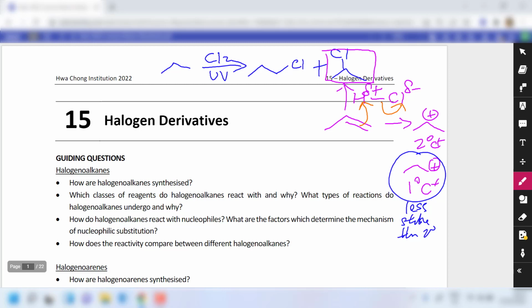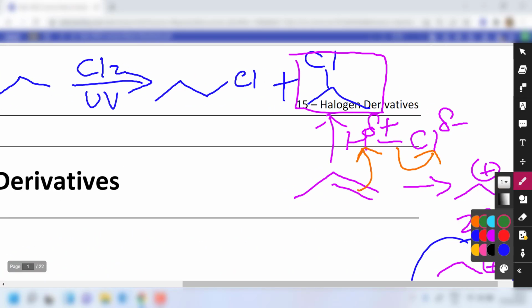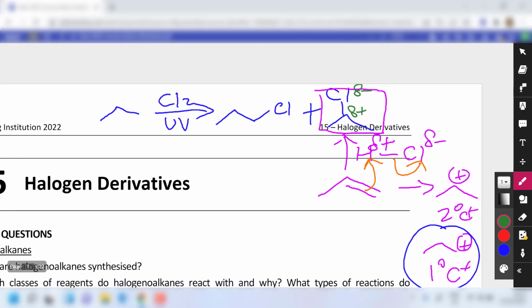The C-Cl bond is polarized: the carbon bonded directly to the Cl takes on a partial positive charge, and the Cl takes on a partial negative charge. Because of that, we say the carbon directly bonded to Cl is susceptible to nucleophilic attack, meaning it will be attracted to nucleophiles. That is essentially our main focus for this particular topic.